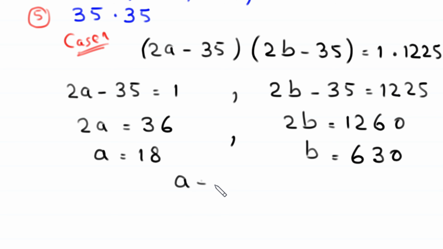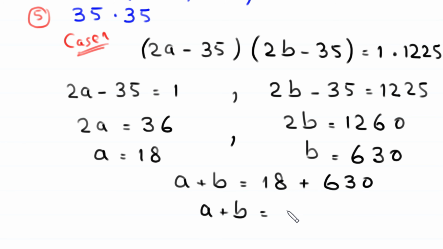So a plus b will be equal to 18 plus 630, which is 648. So from this first case, we get the first solution, a plus b equal to 648.